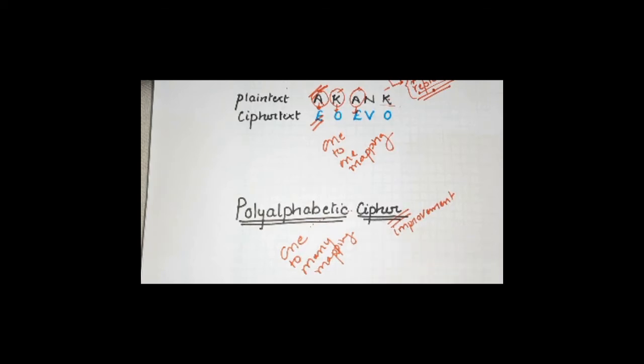Therefore, polyalphabetic substitution cipher involves the use of two or more cipher alphabets. Instead of a one-to-one relationship, it substitutes a one-to-many relationship between each letter and its substitution, and that is called polyalphabetic cipher.